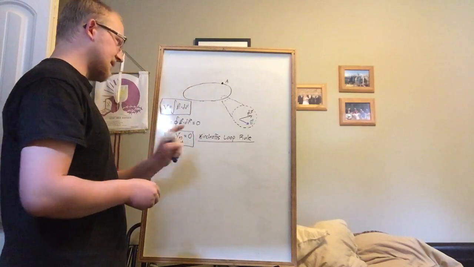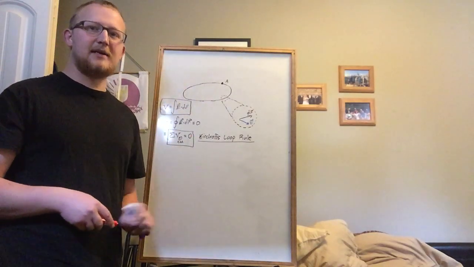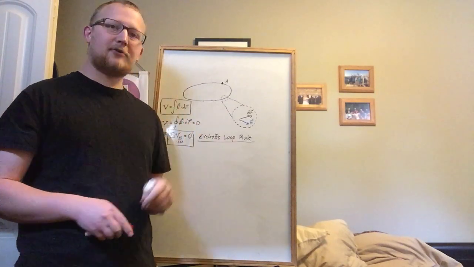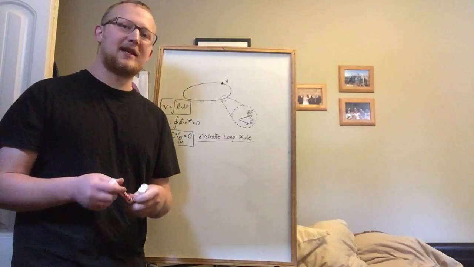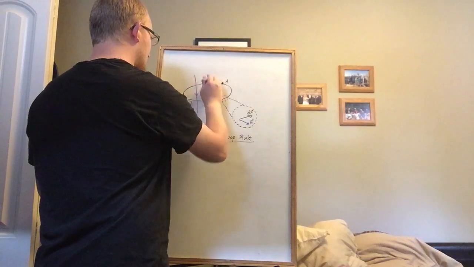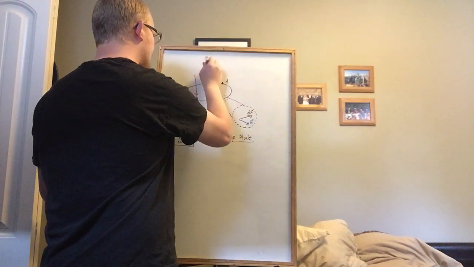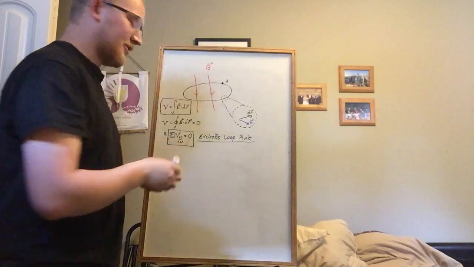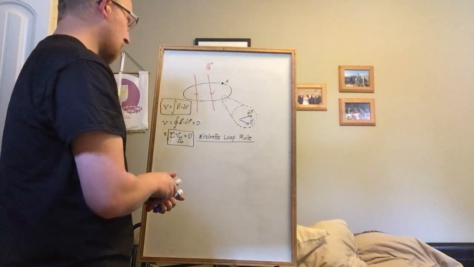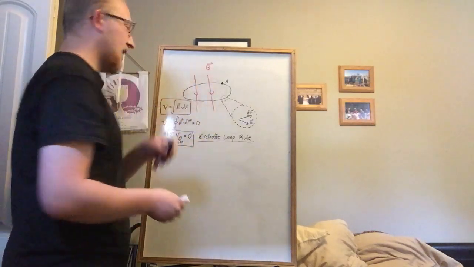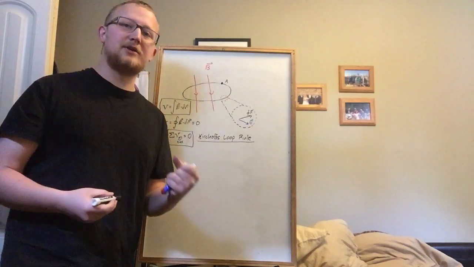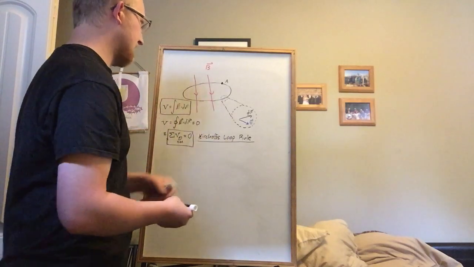Well, it turns out Kirchhoff's isn't quite right. Kirchhoff's works if you only respect the electric field and we don't focus on the magnetic field. But the second we have some magnetic field B, all of a sudden Kirchhoff's loop rule isn't going to work anymore. The reason why is because the change in flux of the B field with respect to time is actually going to induce another voltage, not just the voltage we had initially.